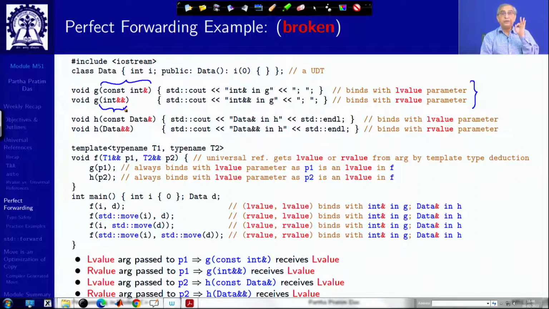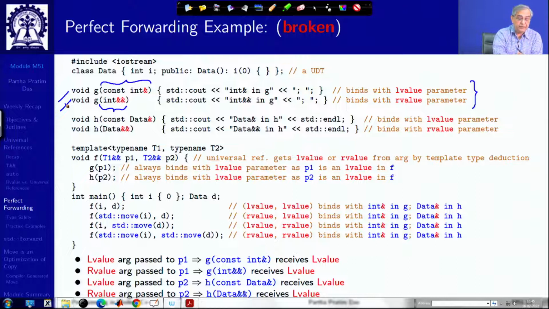So, we want to check that when I forward this call from f to g using parameter p1, which of these functions should get called, right. This is what is done for a plain old data type, built-in type int.